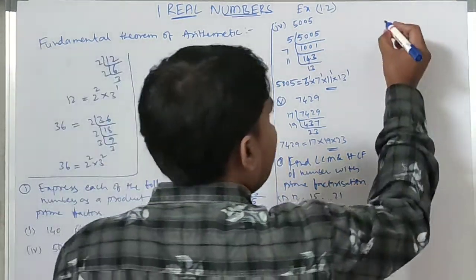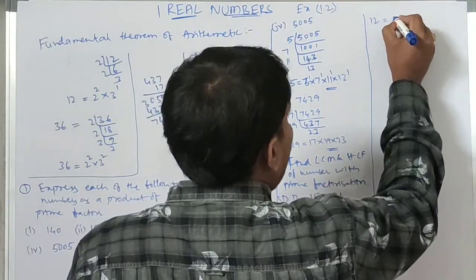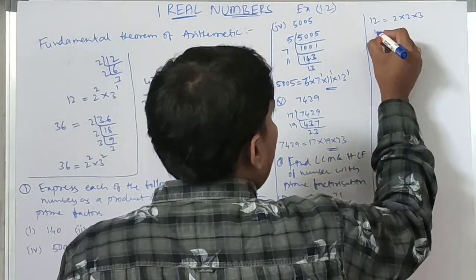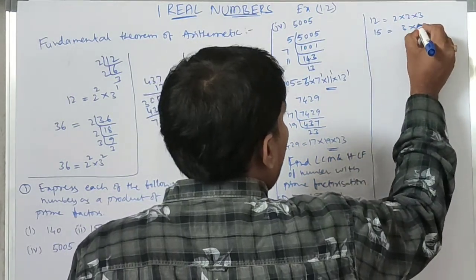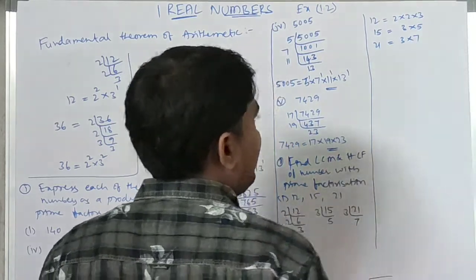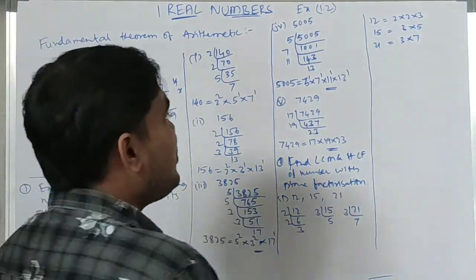Now 12 equals 2 into 2 into 3, 15 equals 3 into 5, 21 equals 3 into 7. So I want to take HCF first.